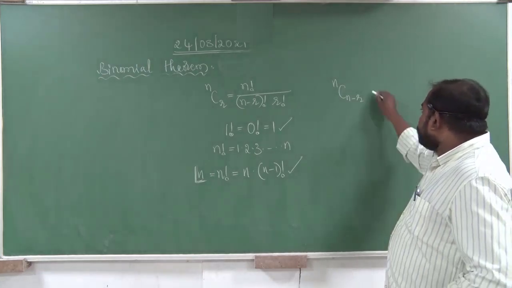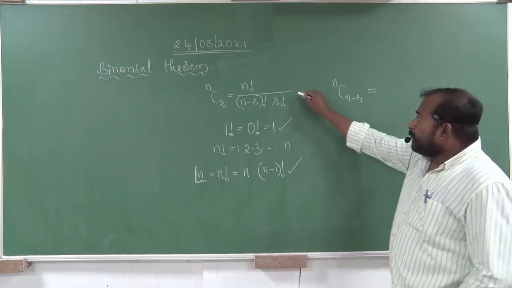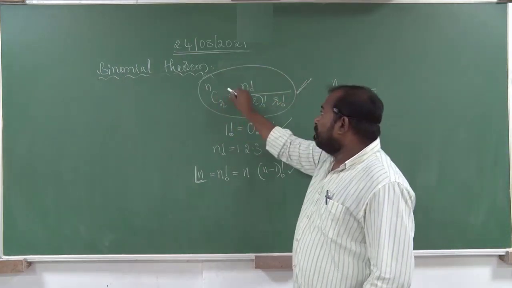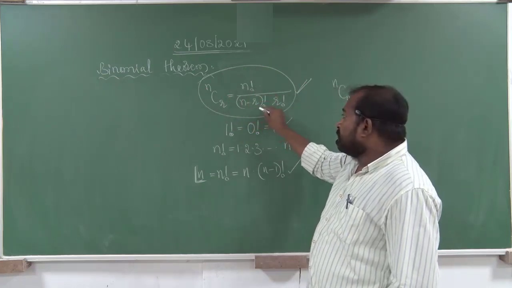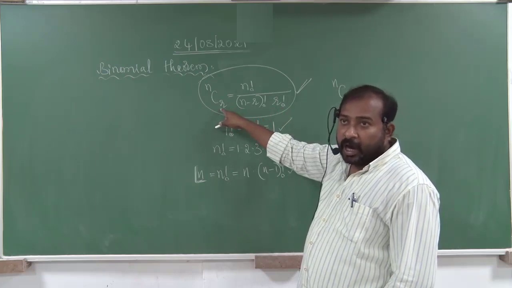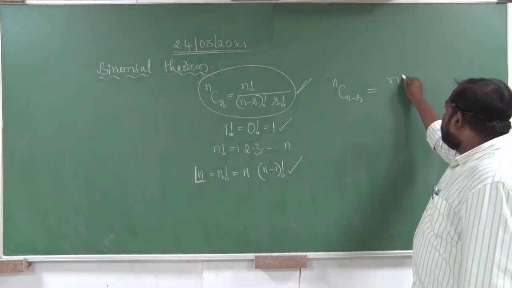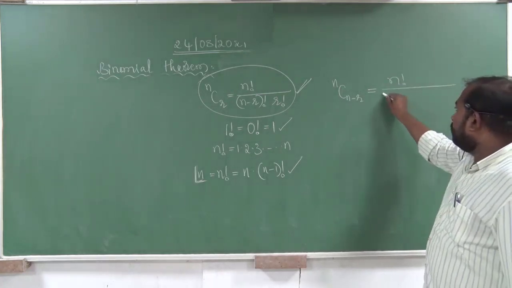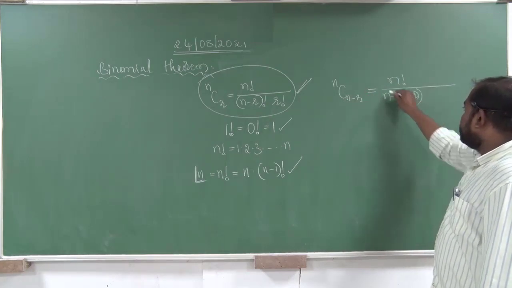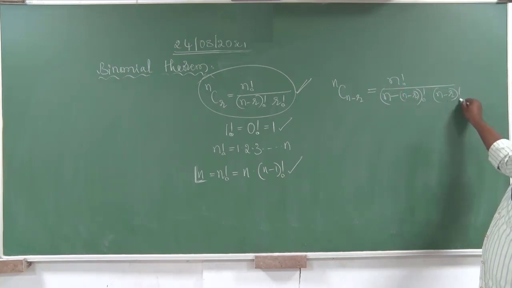Next, what is the value of nC(n minus r)? We can calculate according to the nCr formula: n factorial by (n minus r) factorial into r factorial. Of course, here in place of r, n minus r is there. So n factorial by (n minus (n minus r)) factorial into (n minus r) factorial.